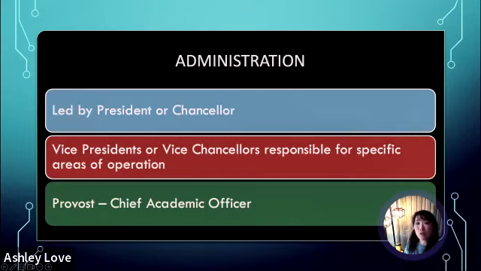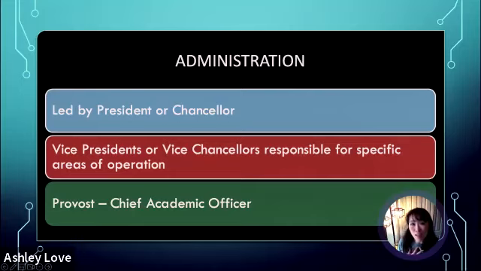And then the provost is the chief academic officer. So that's also a person that you want to look at, because this is the person who is giving direction on what academic direction we're going to go into. The president or the chancellor looks to the provost to set the tone for the academic side of it.